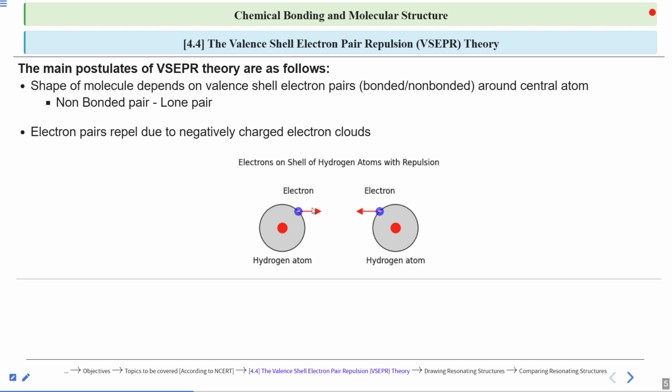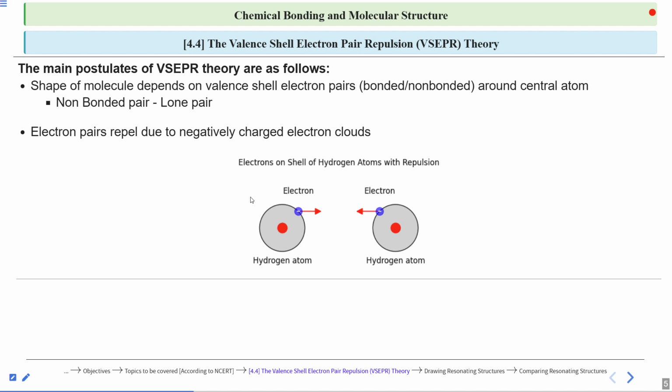In this process, when their proximity decreases, the repulsion increases between the electrons of both hydrogen atoms. Apart from this repulsion, there are many more kinds of interaction inside the molecule, but VSEPR is mainly focused on this repulsion only.